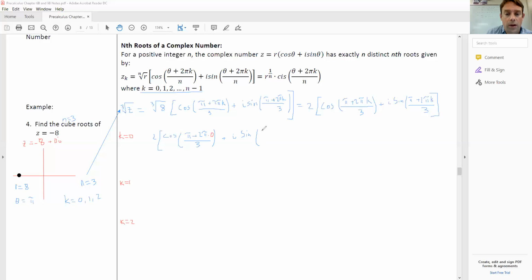Sine of pi plus 2 pi k, so 2 pi times 0, all over 3. So when I plug this in, I end up with 2 cosine of pi over 3 plus i sine of pi over 3.